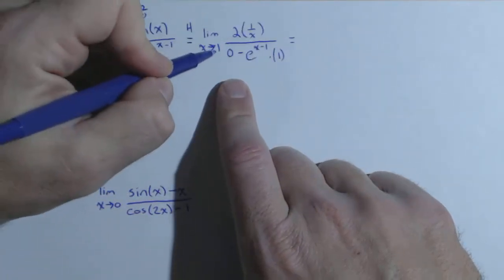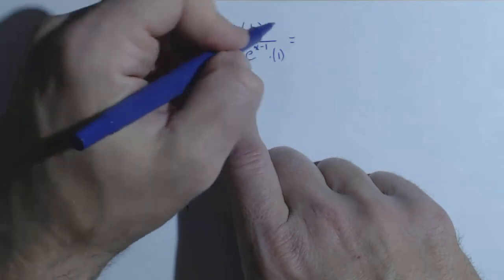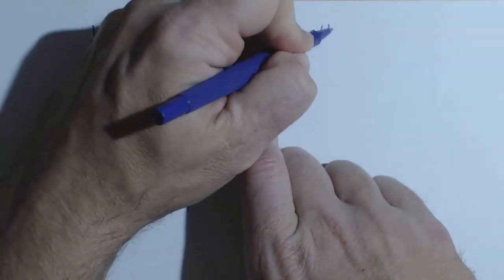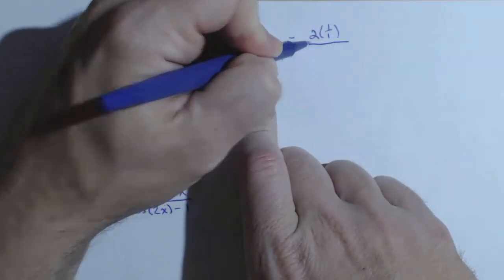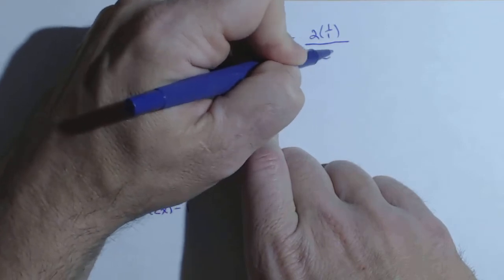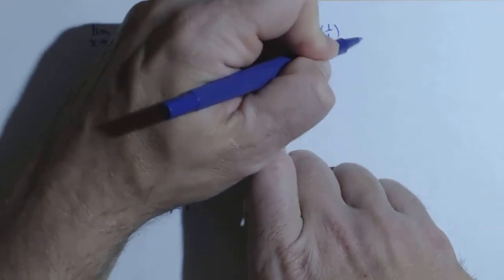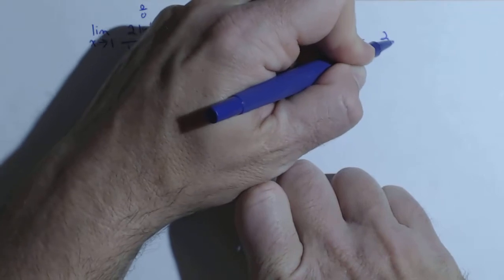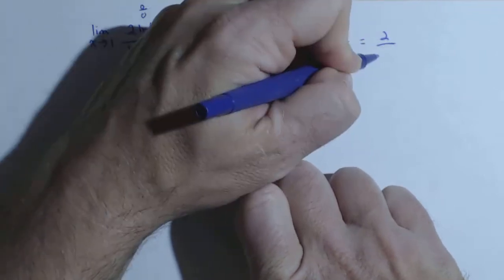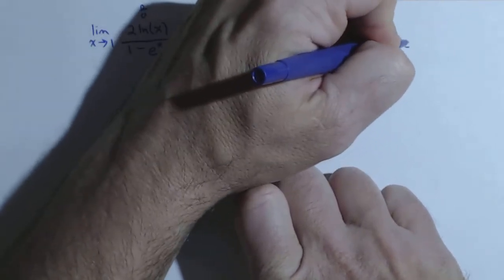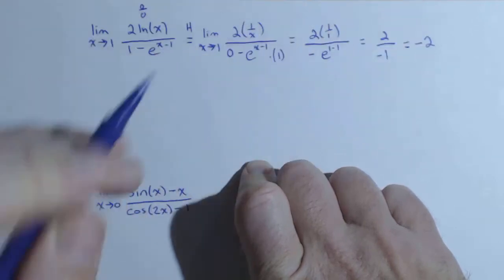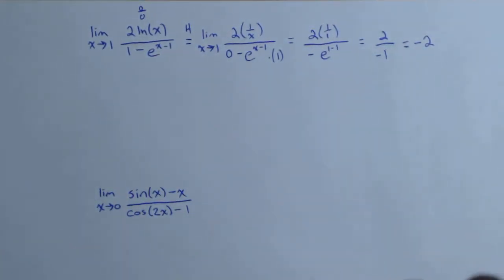So let's see what happens when we plug in 1 now. We'll have 2 times 1 over 1 over negative e to the 1 minus 1. So we're going to have 2 over e to the 0, which is 1, but making that negative. So we are going to have a limit of negative 2, and we're done.